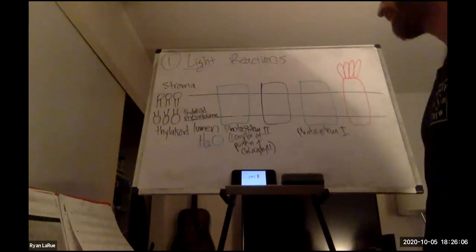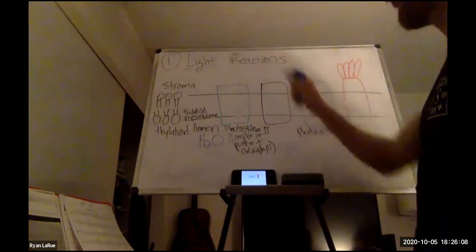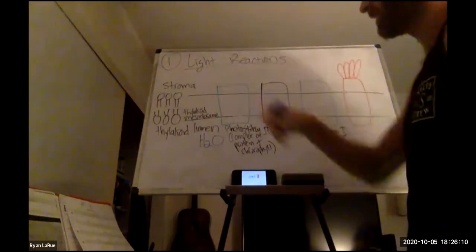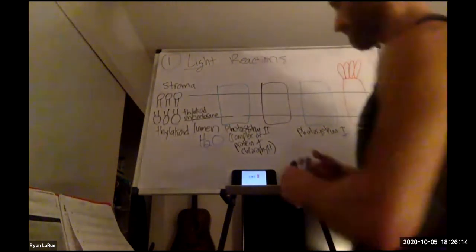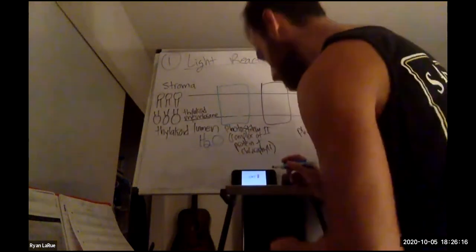Because I don't. But water will, regardless, either if it's in the stroma or lumen, it's going to donate electrons, okay? So I'm going to draw an arrow here, then draw it off. It's 2 electrons.